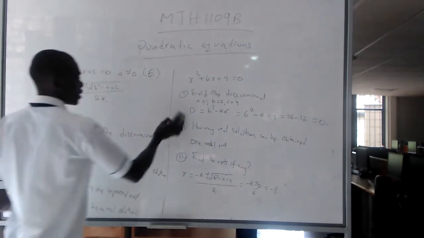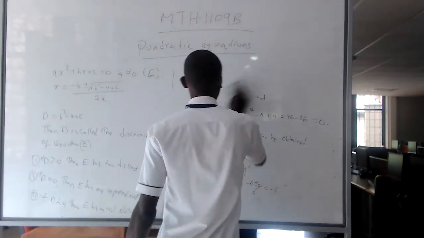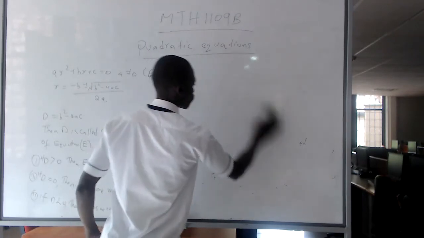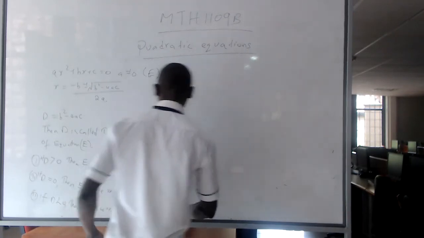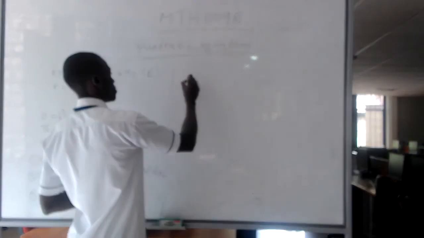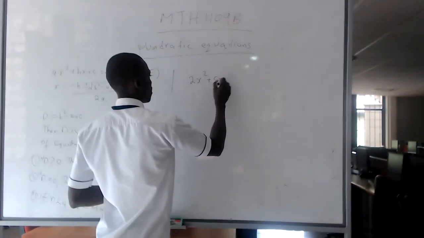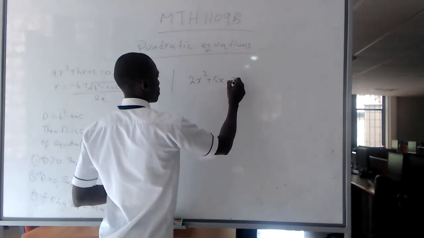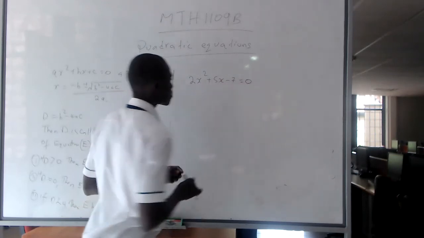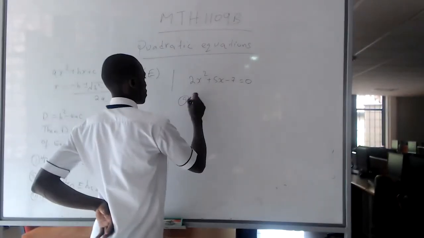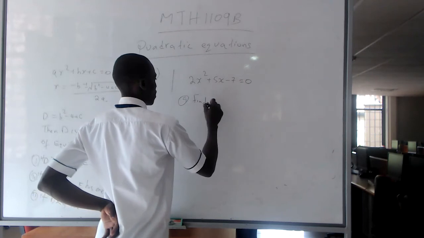Let me give another example. Suppose you have 2x squared plus 5x minus 7 is equal to 0. Find the discriminant. So part A, find the discriminant.